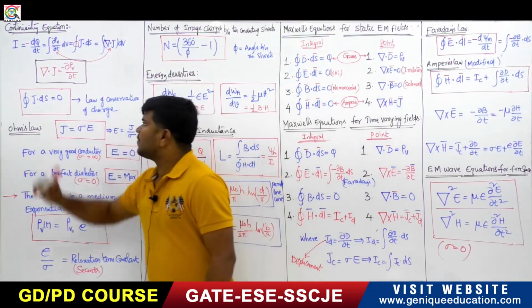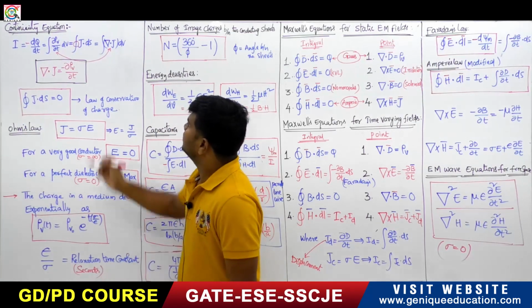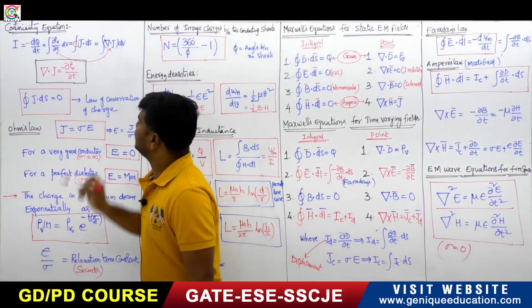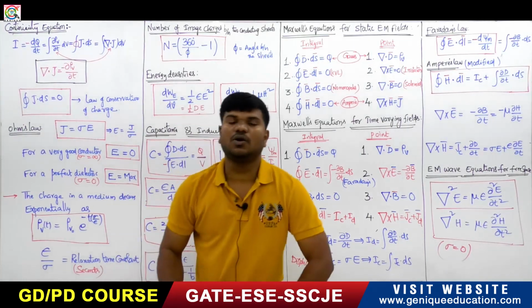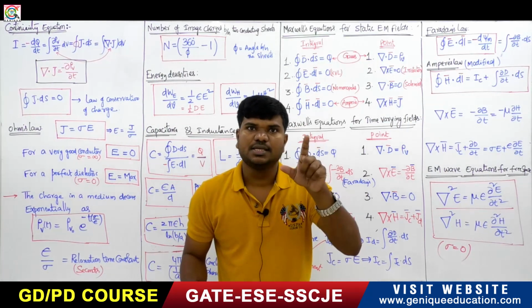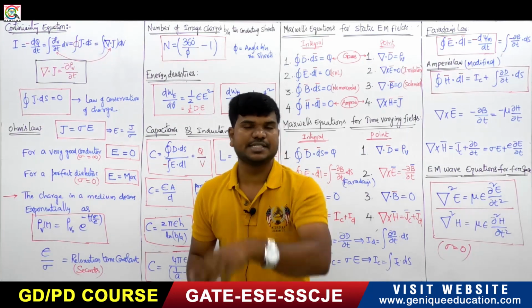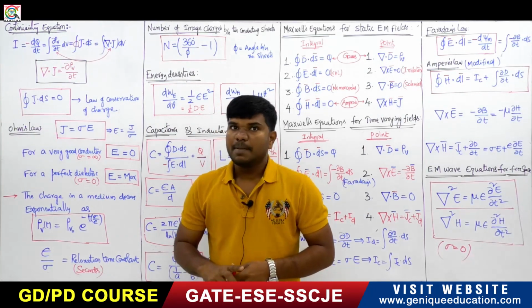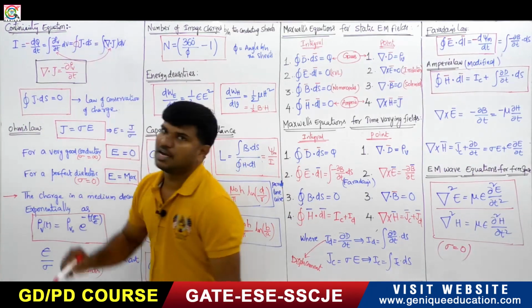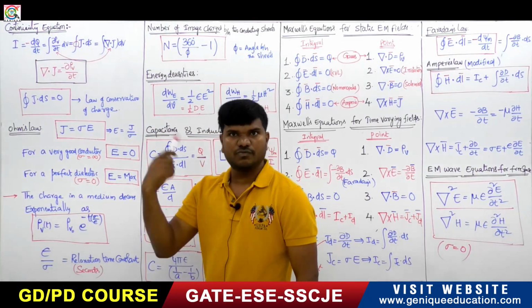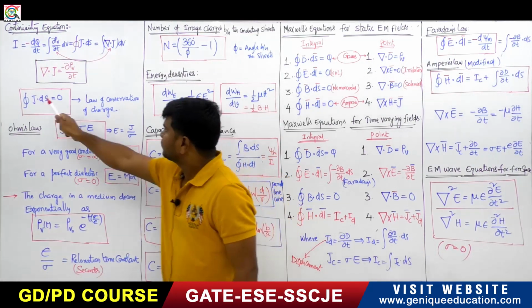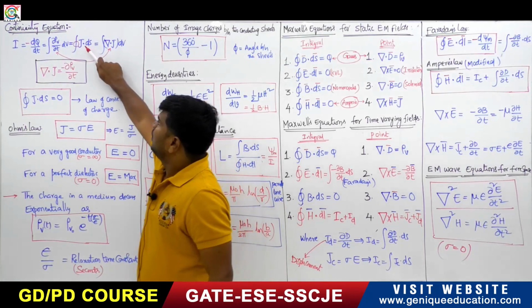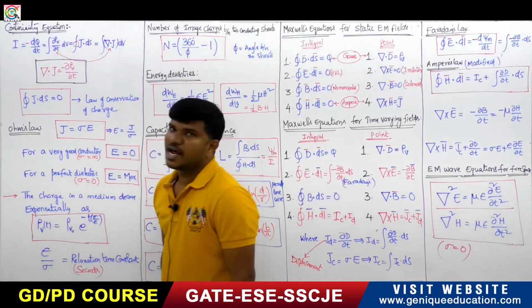Now if you come to this equation, what is the meaning of this equation? Closed integral J dot dS is equal to 0. Why is it 0? Already we know I is equal to the open surface integral of J dot dS. But here I have written a closed surface. It is somewhat strange. Observe this closed surface integral of J dot dS.